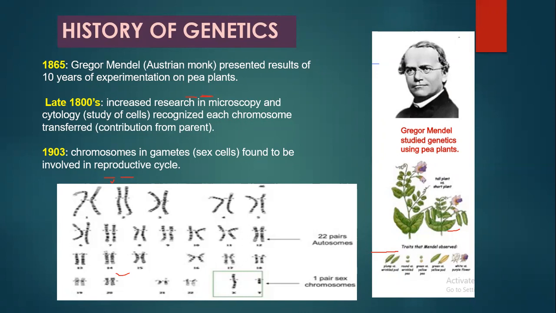After the experiments, he derived his laws based on the idea that there are factors which are transmitted from parents to the offspring and in subsequent generations. But there was no physical proof. Since the chromosome was not discovered at that time, there was no physical location for those factors that Mendel described.